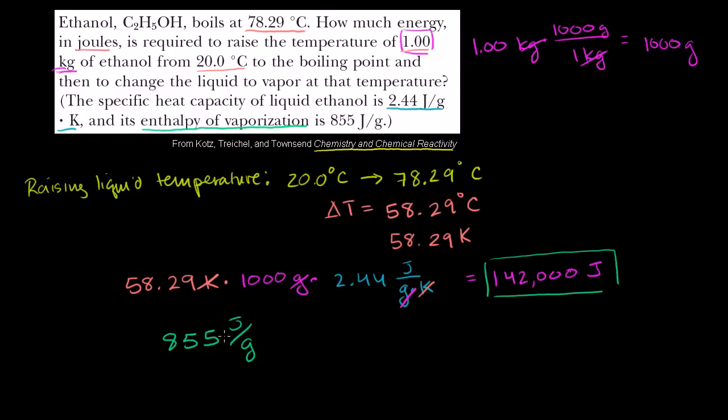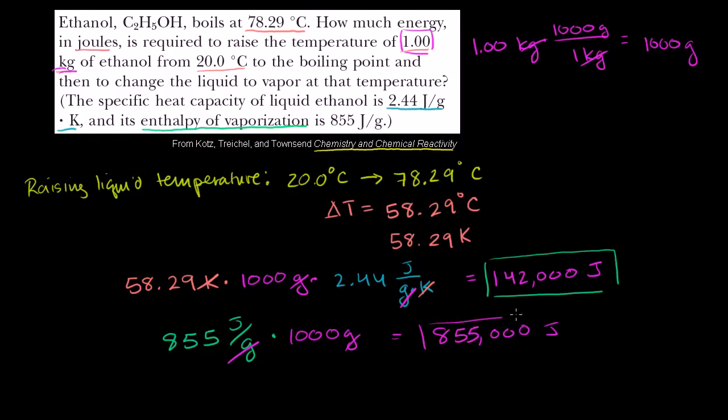This is how much energy you have to add per gram of ethanol, assuming it's already at its boiling point, to actually make it vaporize. We know we have 1,000 grams of ethanol. The grams cancel out.